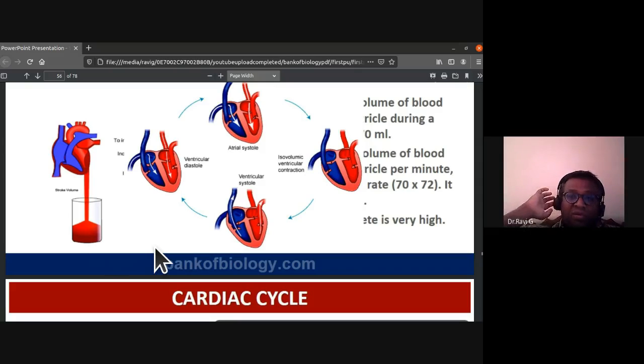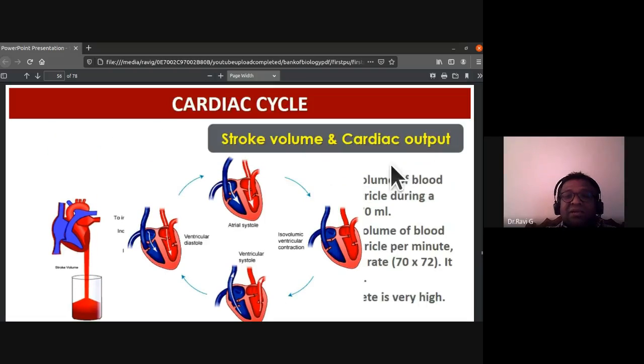The cardiac output is per minute: 70 into 72 is 5400 ml per minute.